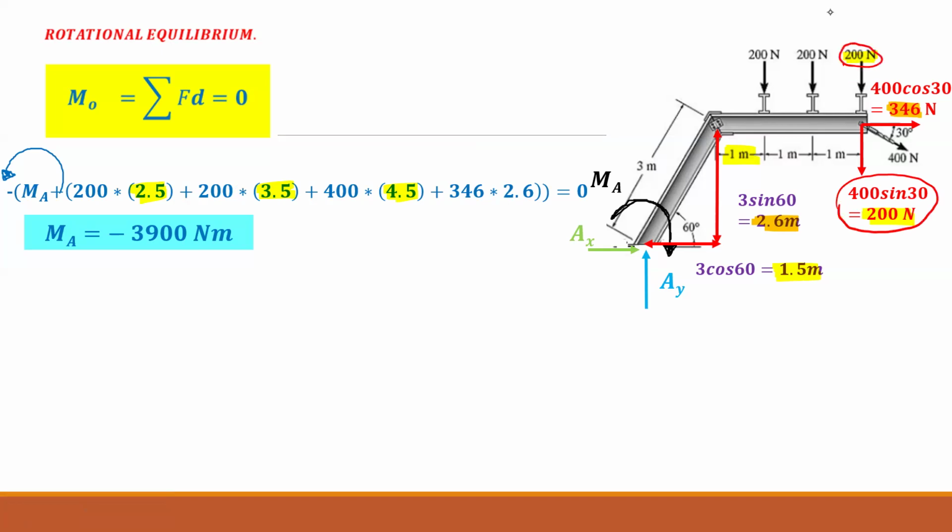So I have added those two, 400 sine 30 and 200, I have added both together because it's acting at the same point. That's how the 400 came. Or else you can write it as two 200s. Is it clear or not?